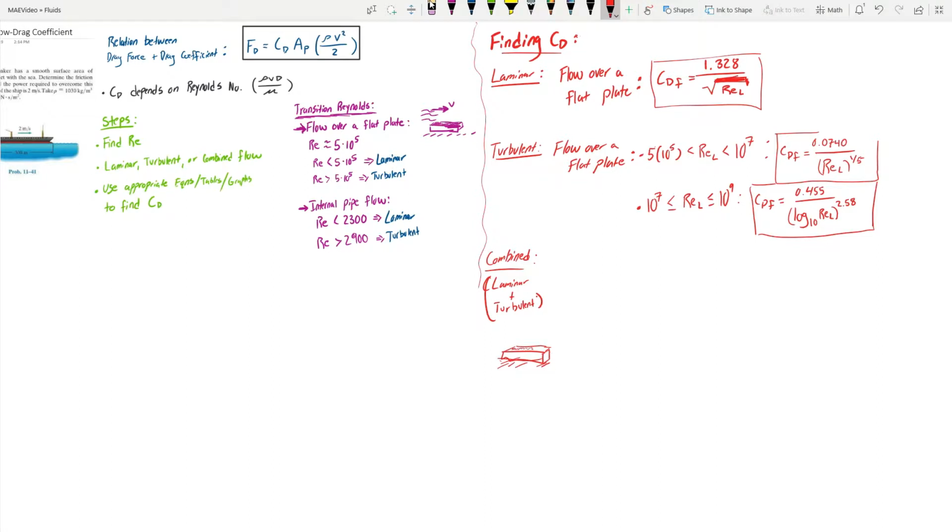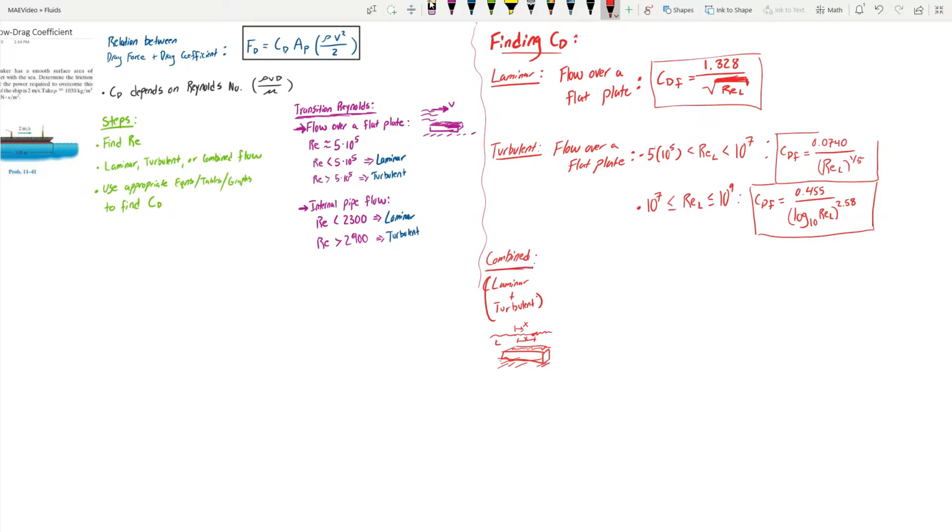So it's rough. Let's say there's a roughness here. So this flow comes in laminar. After a certain x distance away, let's say here, it becomes turbulent. So after this x distance away, it is now turbulent flow. That's a very common occurrence.